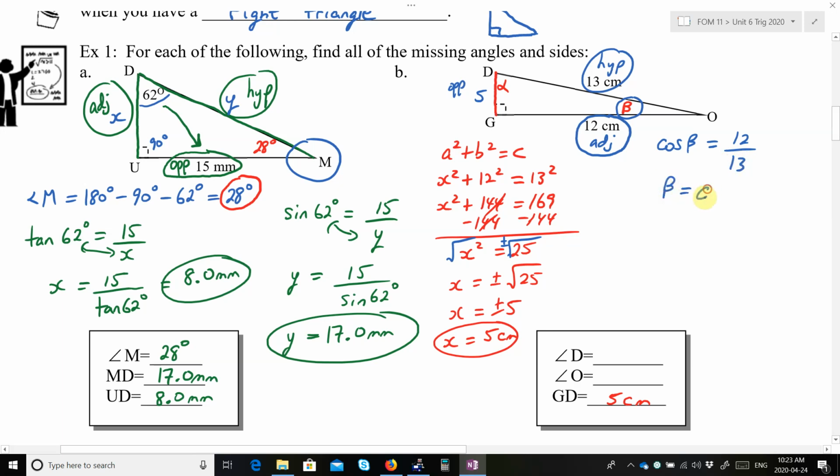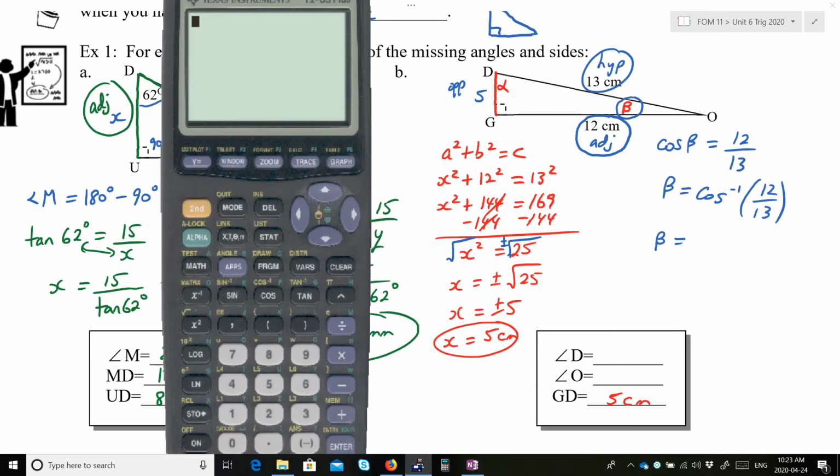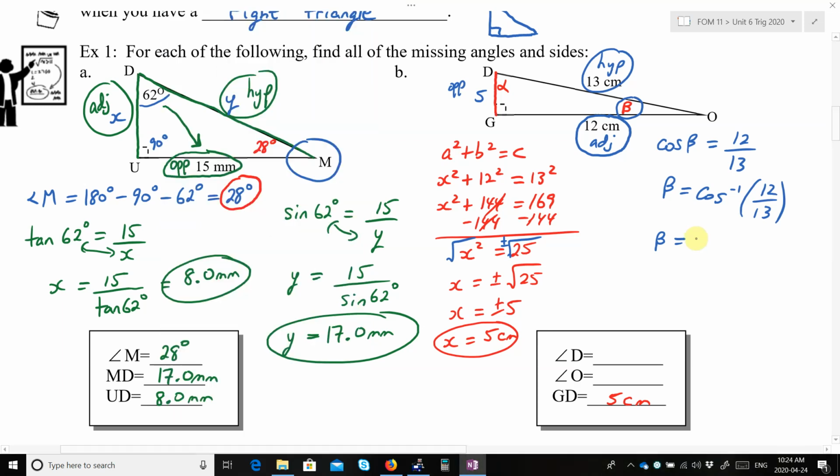And to get angle beta, we would just go cos inverse of 12 over 13. Shift cos 12 over 13 and press equals. About 23 degrees.